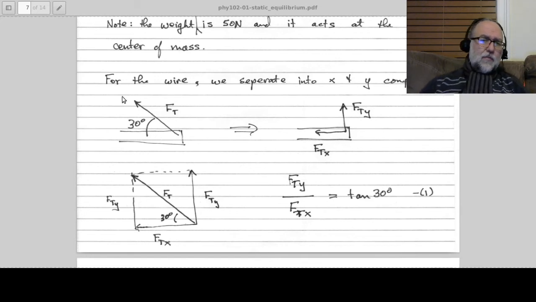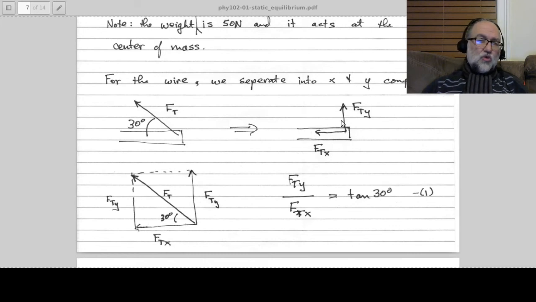Okay, so we start here. Here's the edge of the bar, and here's the wire, and it's got Ft, the tension. It's acting at 30 degrees. Well, what did I do? I replaced it with Fty up and Ftx to the left.